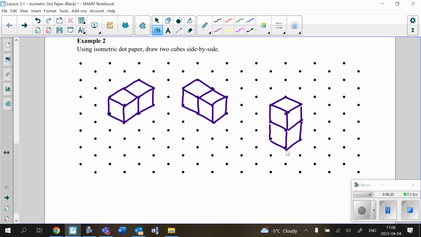All three of these are looking down on the two cubes side by side. You're looking from above and down on them. Here, you're looking from above and to the right, above to the left, above to the right. You could do these three looking from below. And I've put those in the notes. You can go to the notes and see them if you want. Okay, but I'll just leave these sketches here for now.